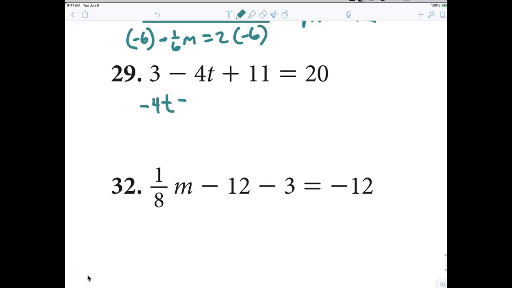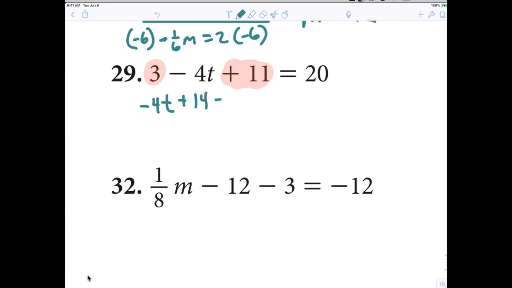Negative 4t plus what? Now let me show you what your brain is doing. You ready? Look up. Stop writing. Look up. This right here, everybody's got to listen to me. This 3 plus 11. You see your brain looks at that negative 4, right? You got to be careful with that. You understand what I just said, right? So it's plus 14. Pretty good job, guys.